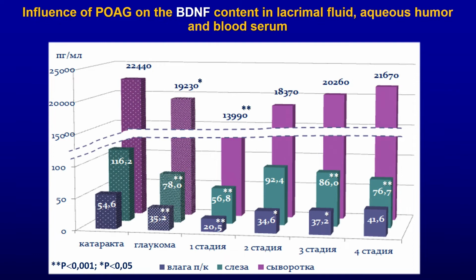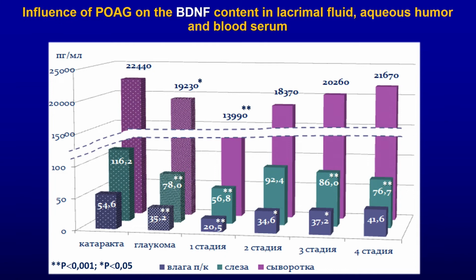And a totally different picture was obtained for the brain-derived neurotrophic factor, BDNF. So here you also appreciate some reduction if you take all glaucoma patients, both in the anterior chamber fluid and in the tear fluid and also in the blood serum. Although when we checked along the stages, we were quite surprised.